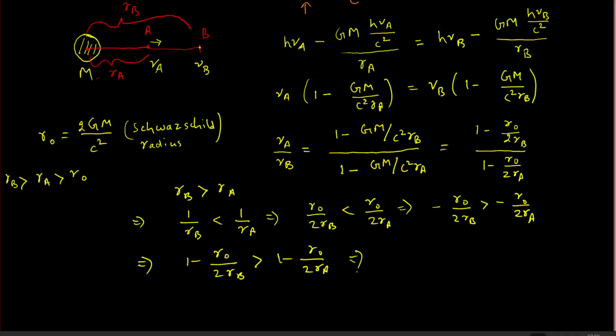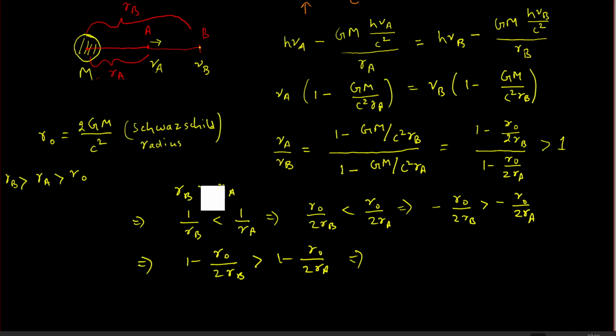So this will imply that this expression, 1 minus R naught by 2RB divided by 1 minus R naught by 2RA, is greater than 1, because 1 minus R naught by 2RB is greater than 1 minus R naught by 2RA. So this becomes greater than 1.